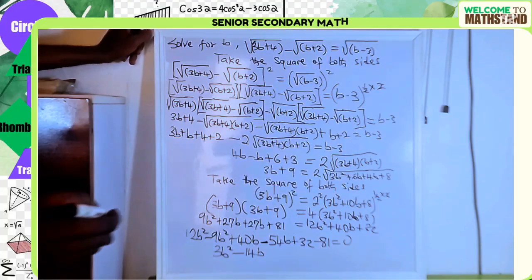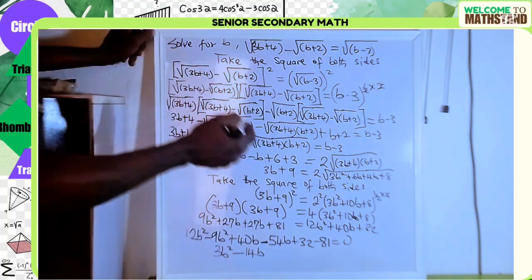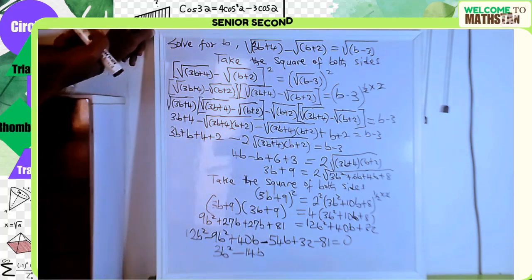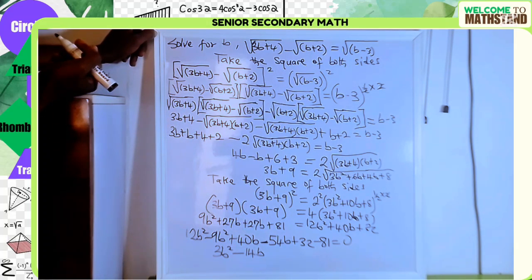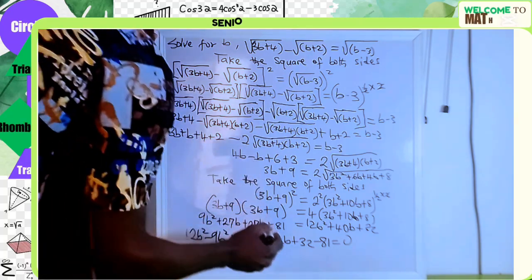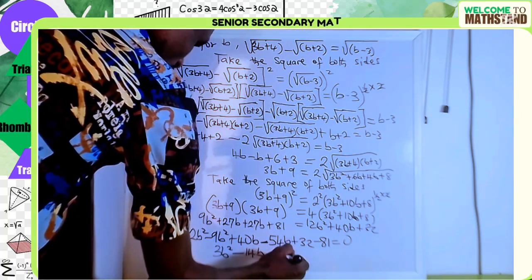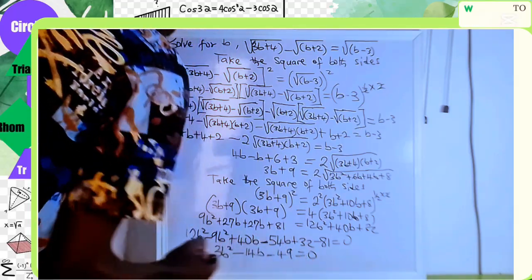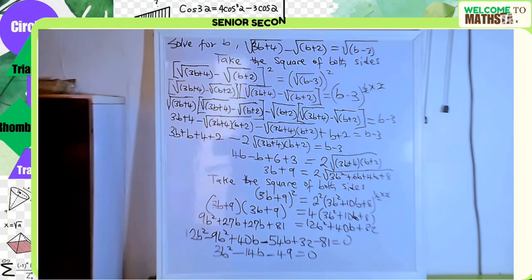And lastly, we have 32 minus 81. What is the answer? So we have minus 49 equals to 0.